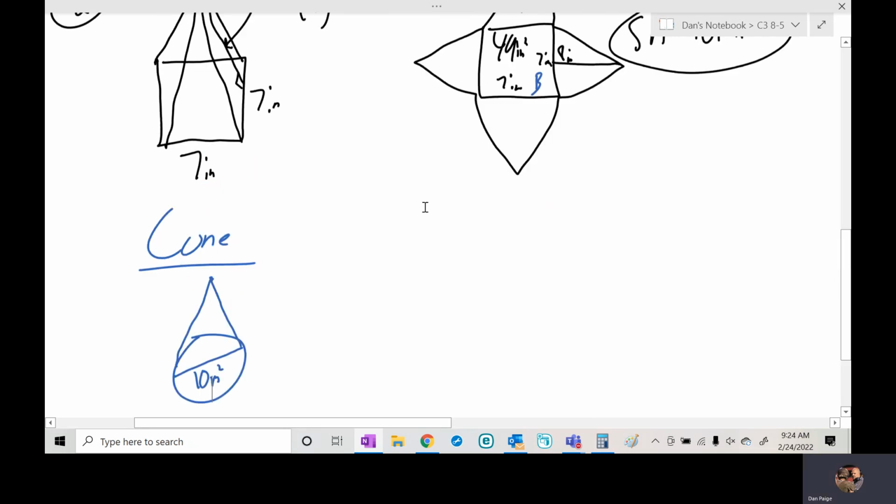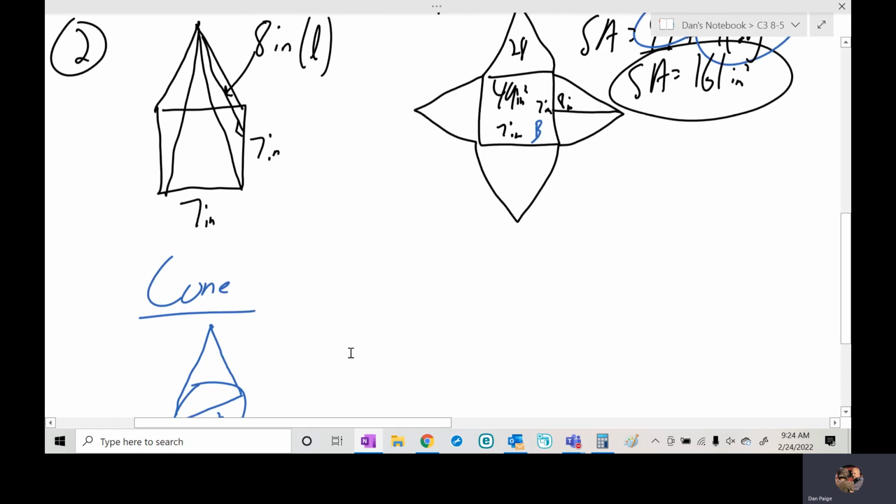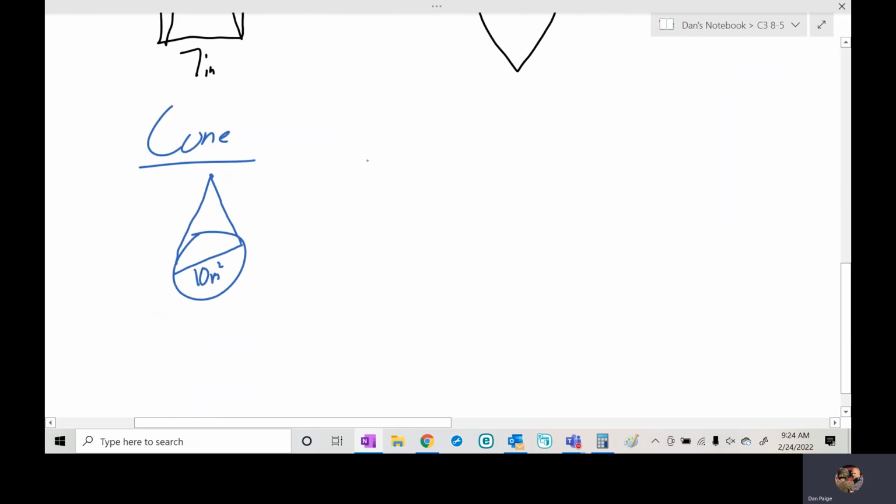Now, think about this. We had the base area, right? What's the base area? We're going to use a formula here. What's the base area of this circle? What formula should we use? Yeah, it's a circle. Pi times the radius squared. That is for the circle.